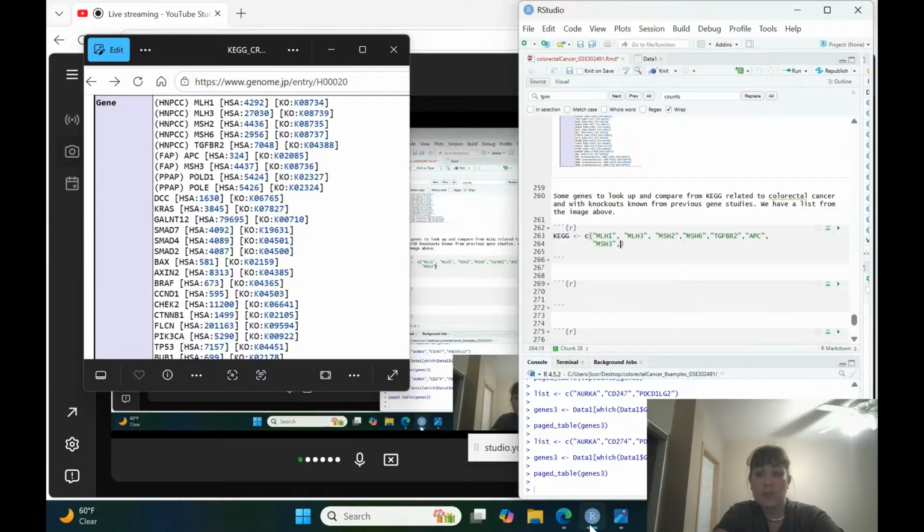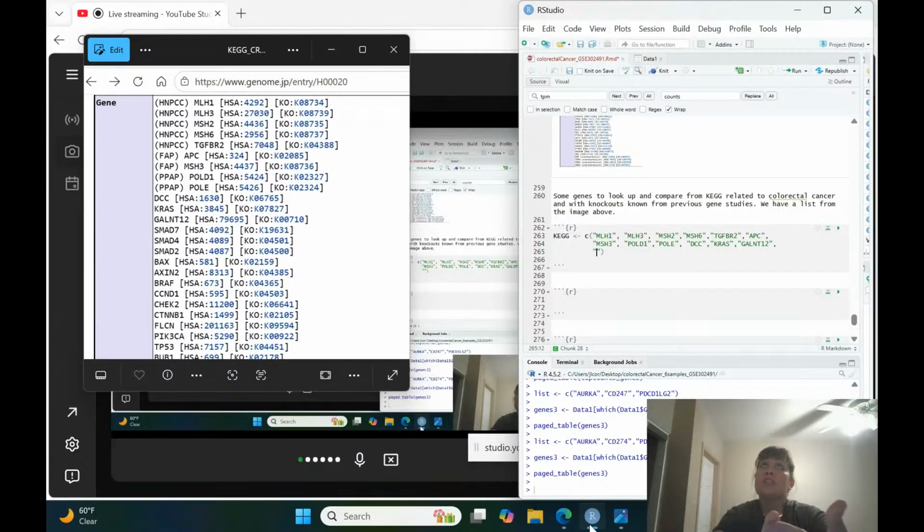I'm just typing all these genes out that I can see. This is actually called a GSVA, gene set variation analysis, I think it is.